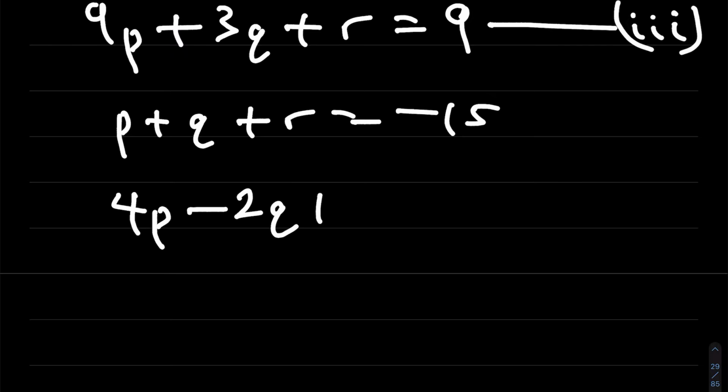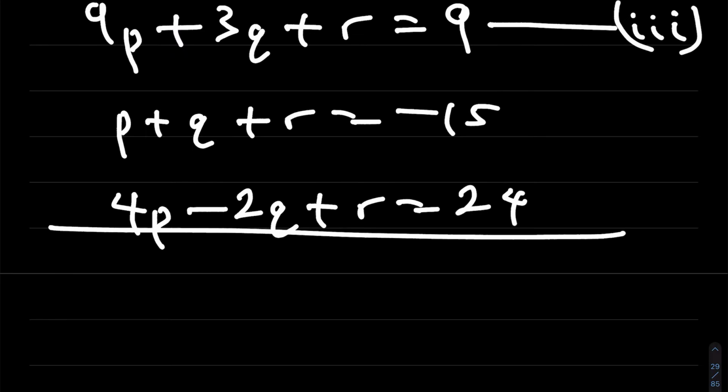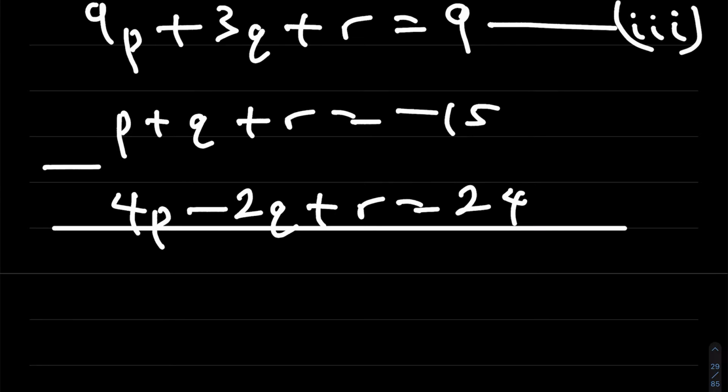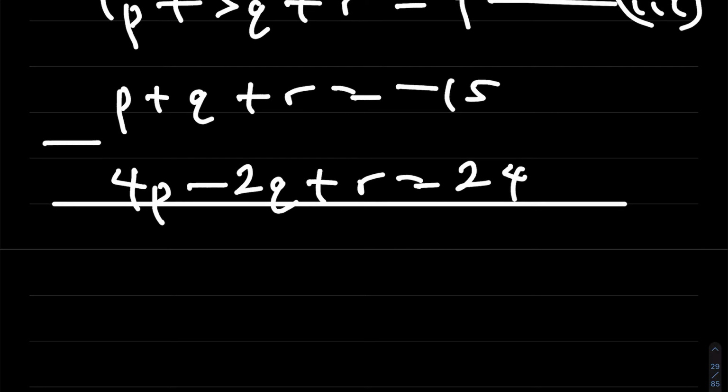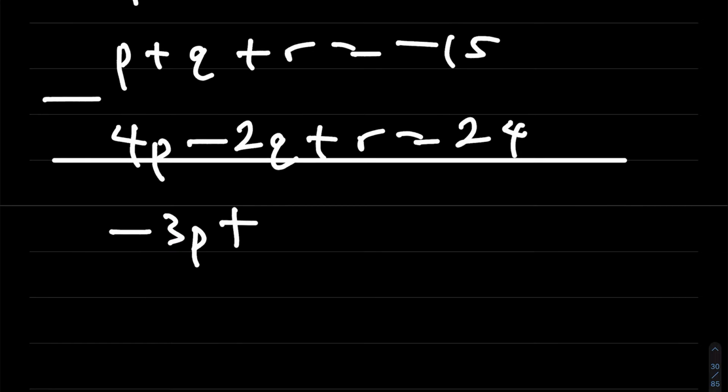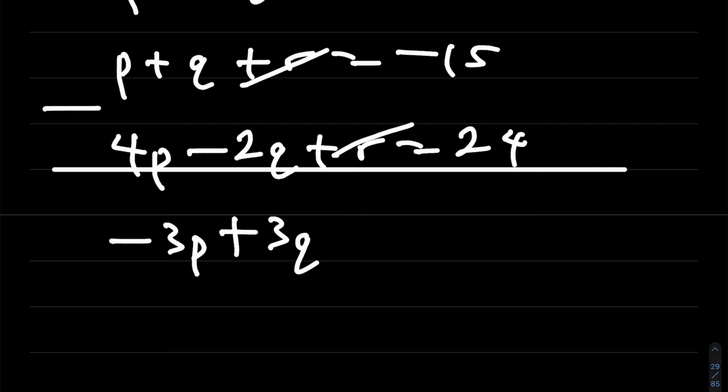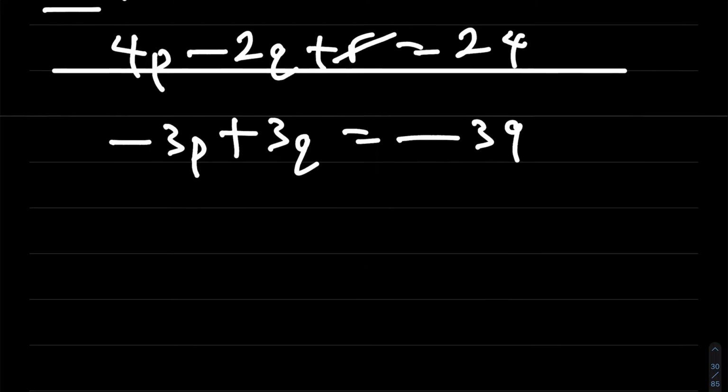I'm subtracting equation 2 from 1. p minus 4p is minus 3p. q minus 2q will be 3q, that's q plus 2q. r minus r is 0. r cancels r, and that's equal to minus 15 minus 24, that's minus 39.